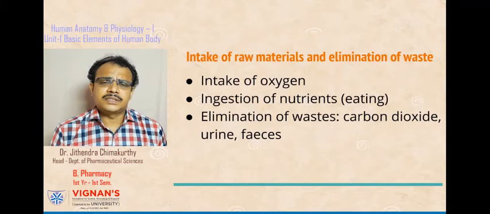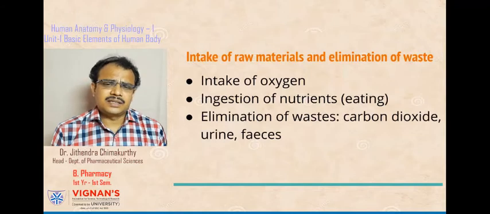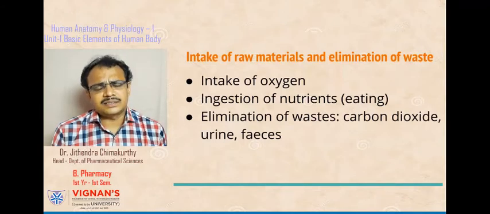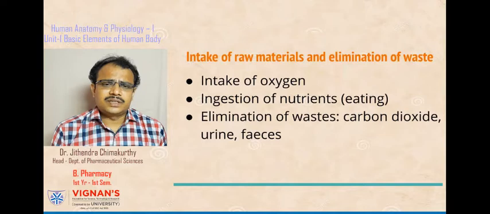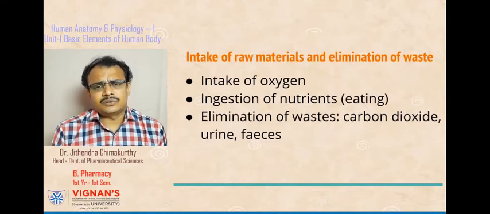The food which is taken into the digestive tract is digested, absorbed, and the remaining unabsorbed substances will be eliminated as feces. Whereas the water which is absorbed is filtered and it is eliminated as urine through the urinary system.